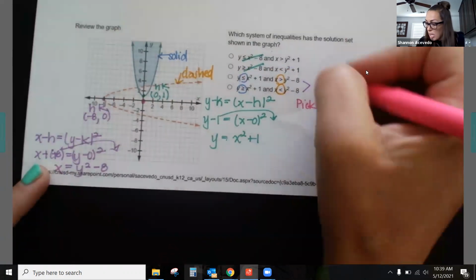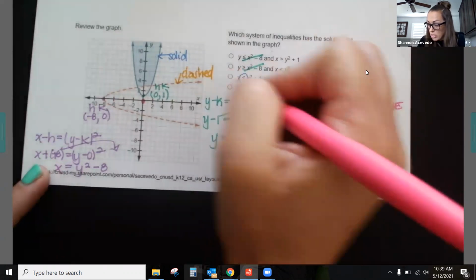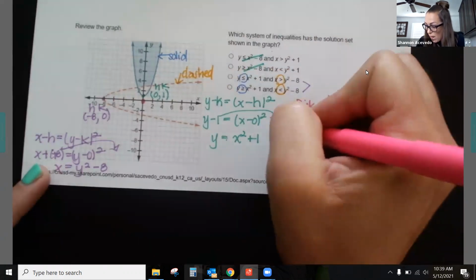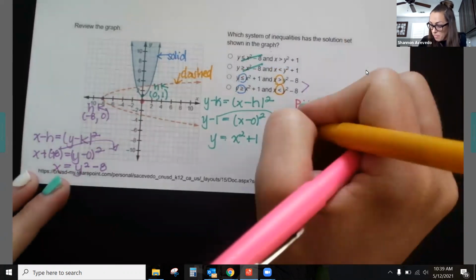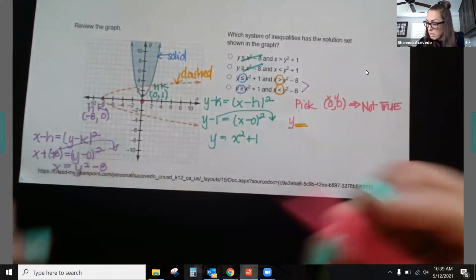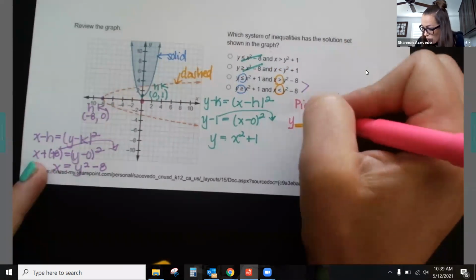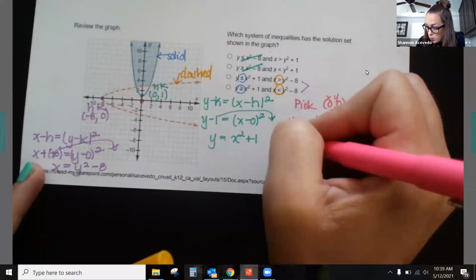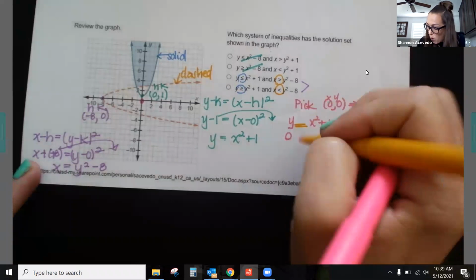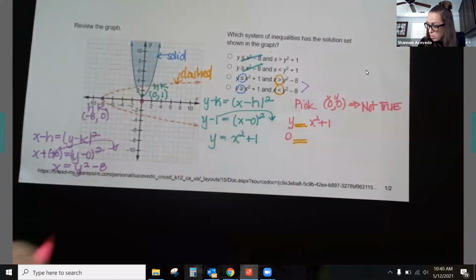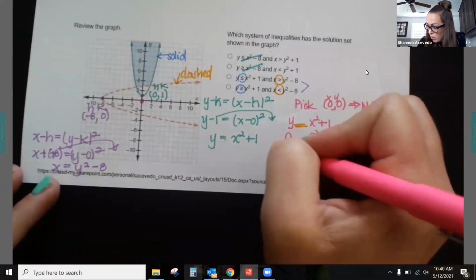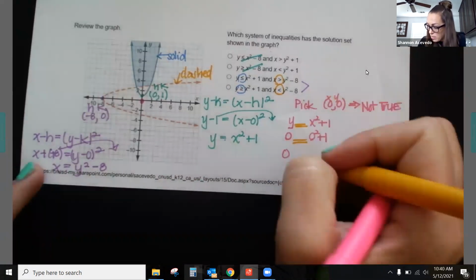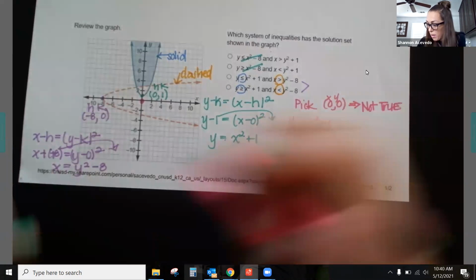So if I plug this in for my x and y into my equation here, I would have y is something, I don't know what, to my x squared plus 1. So I plug in my values. So 0 is what to 0 squared plus 1. So 0 is what to 1.